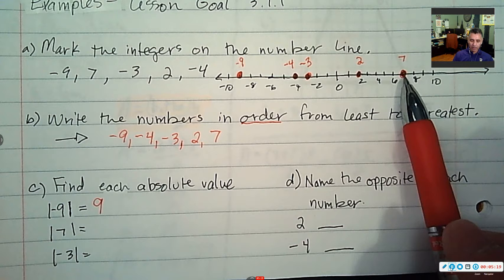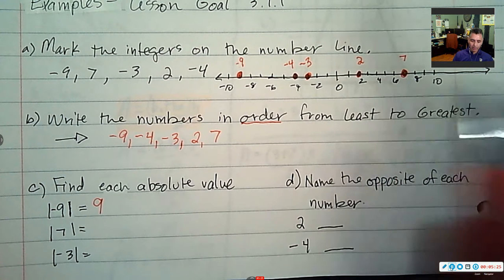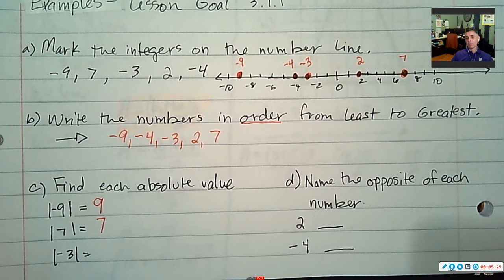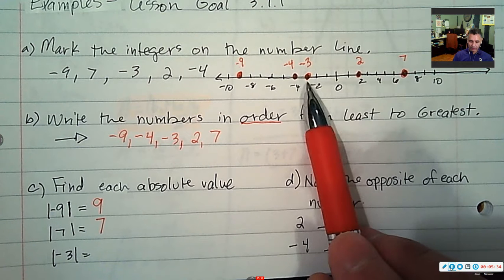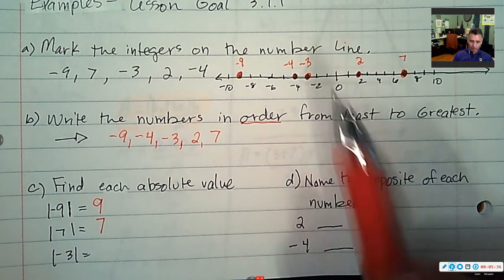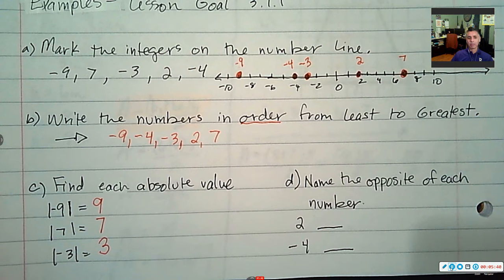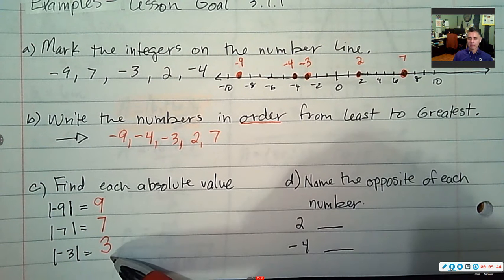We know 7 is here. If we find out how far away from 0 it is, 1, 2, 3, 4, 5, 6, 7. It's 7 places away, so the absolute value is 7. The absolute value of negative 3, here's negative 3. That's 1, 2, 3 places away from 0, so the absolute value of negative 3 is 3. Now again, notice they're all positive.